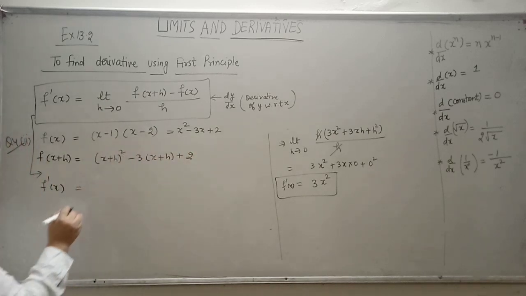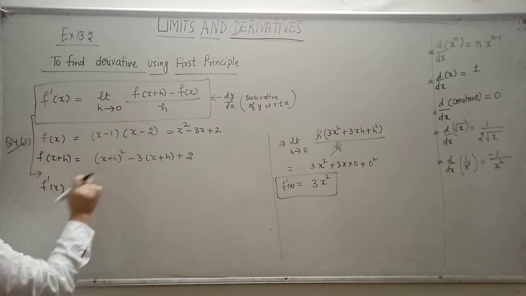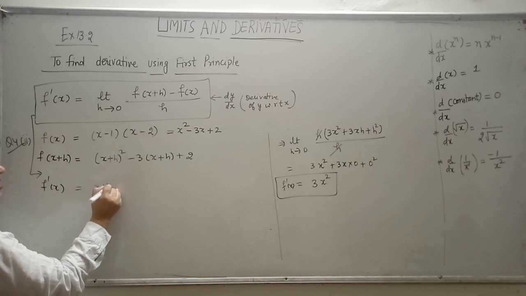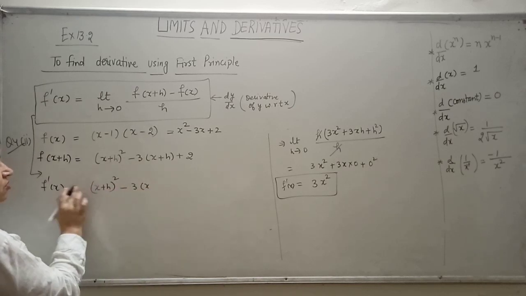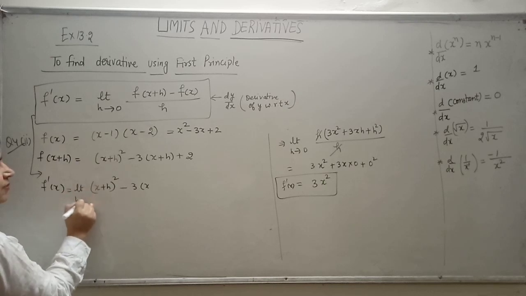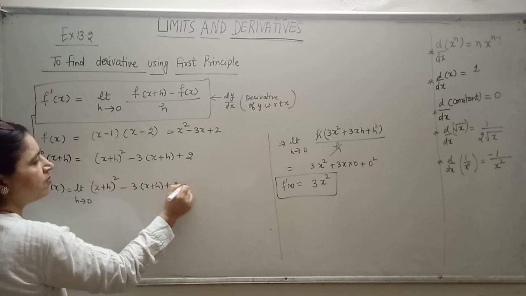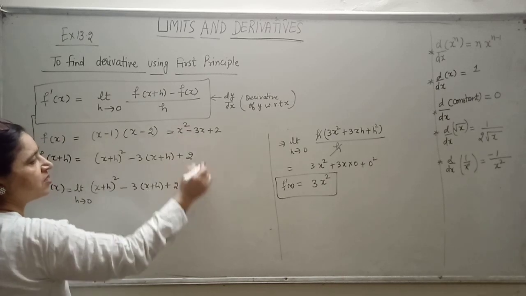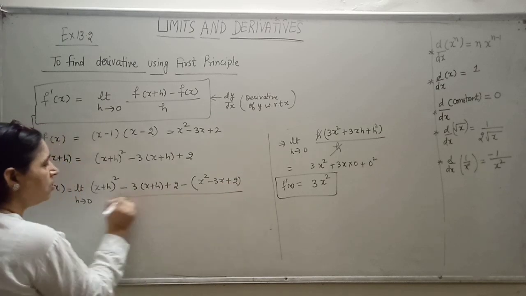So now write the formula and then put the values. This is (x plus h) whole square minus 3(x plus h). Don't forget to write this limit h is tending to 0. Plus 2 minus f(x). f(x) is x square minus 3x plus 2, upon h.